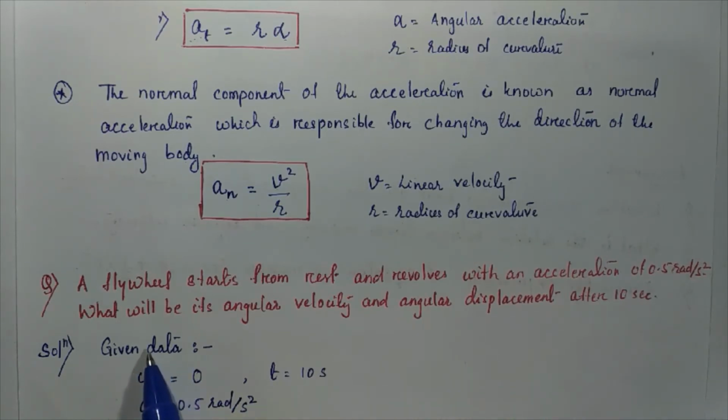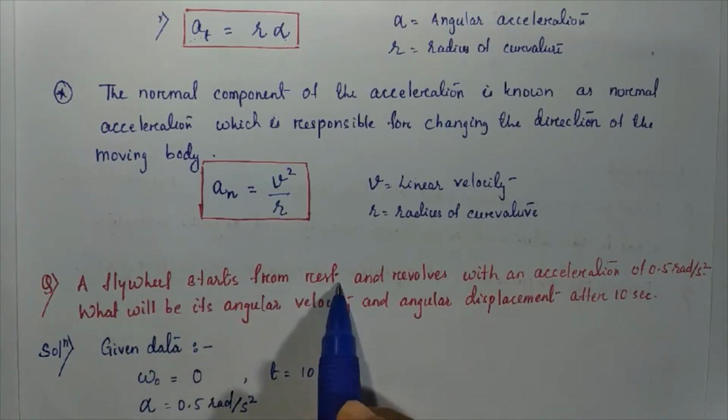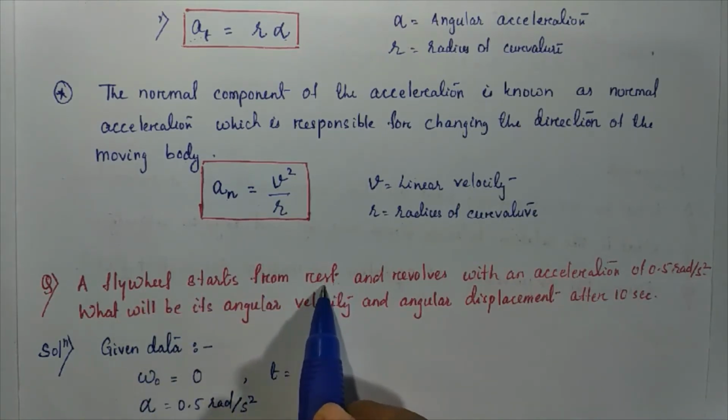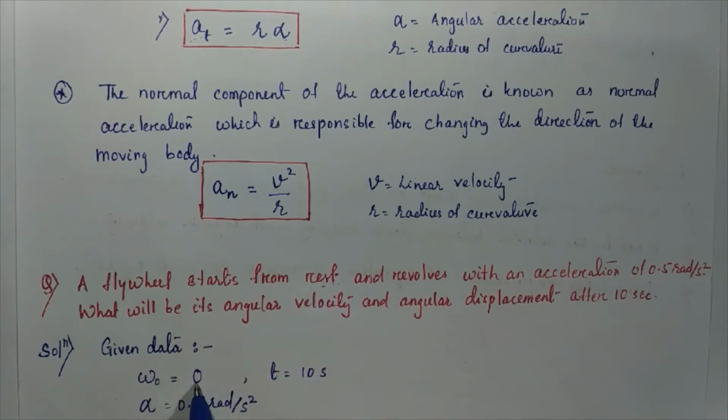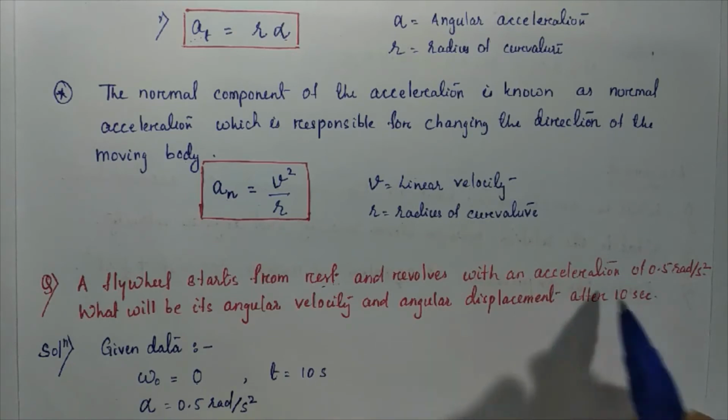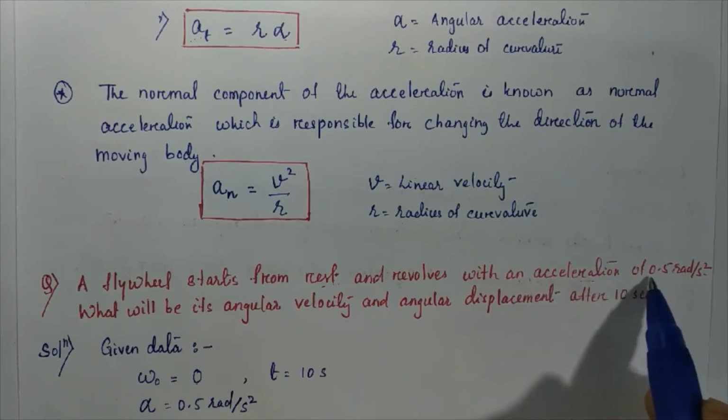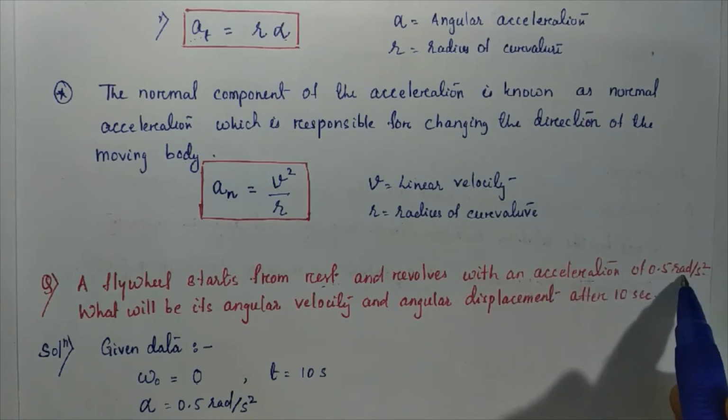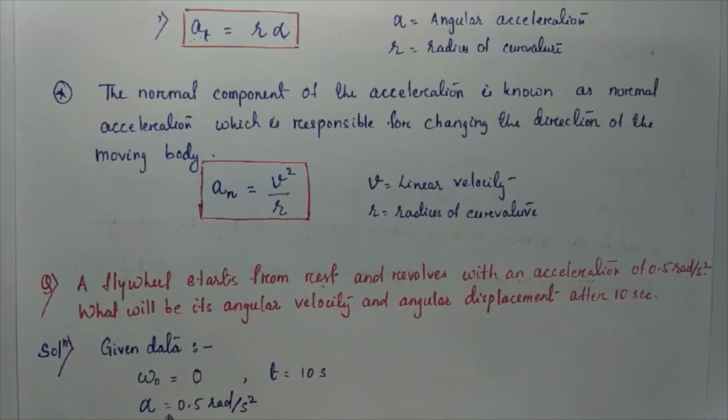So, what are the given data? As the flywheel starts from rest, the initial angular velocity is 0. The angular acceleration is given, that is 0.5 radian per second square. So alpha is equal to 0.5 radian per second square.